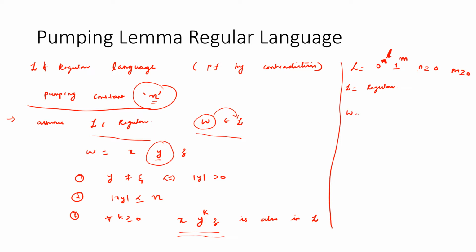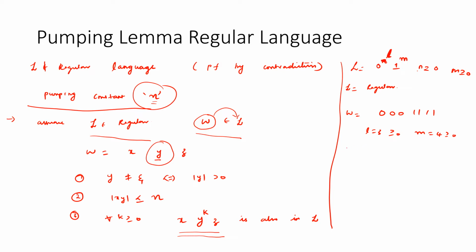Now let's take a string w equals 0, 0, 0, 1, 1, 1, 1. This is a part of the language. Why? Because l equal to 3, this is greater than or equal to 0, m equal to 4, and this is also greater than or equal to 0. Now, because this is a string that belongs to a regular language, we can partition it into x, y, z.